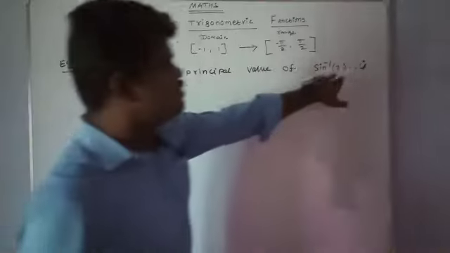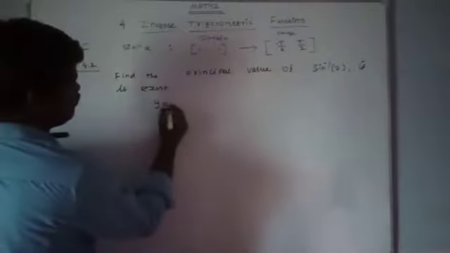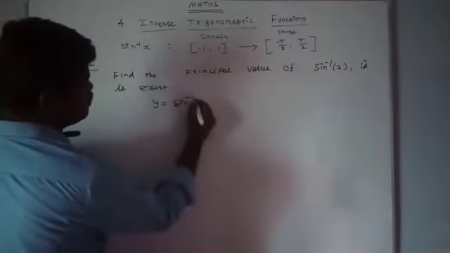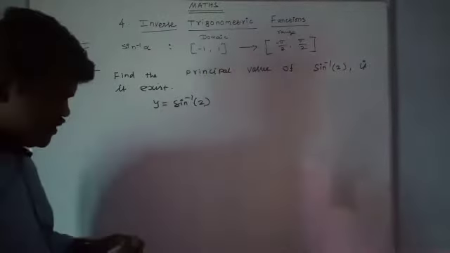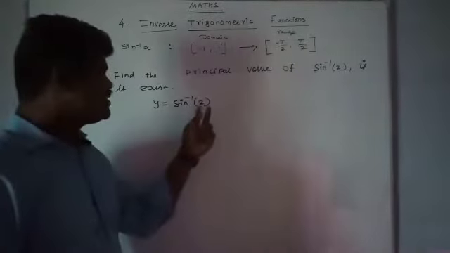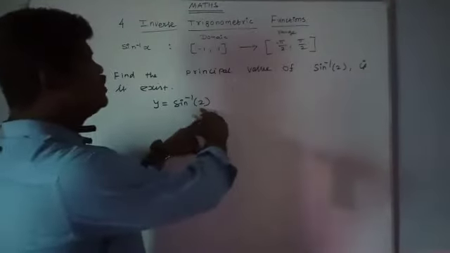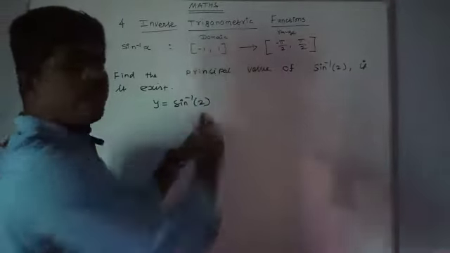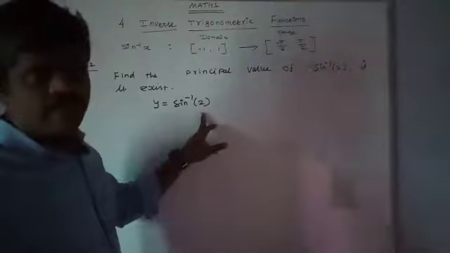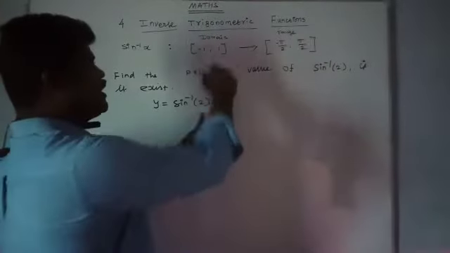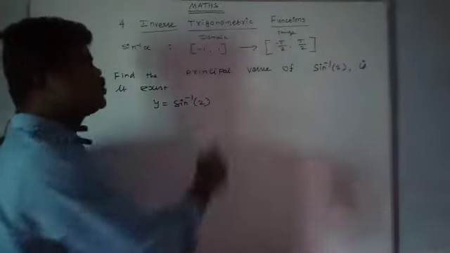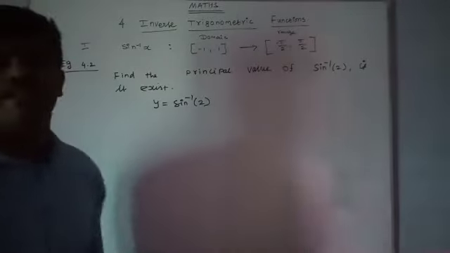Okay, the next sum: find the principal value of sin inverse of 2 if it exists. Let us take y is equal to sin inverse of 2. First of all we want to check that this value must be in the domain of sin inverse x. 2 does not belong to the domain of sin inverse x.